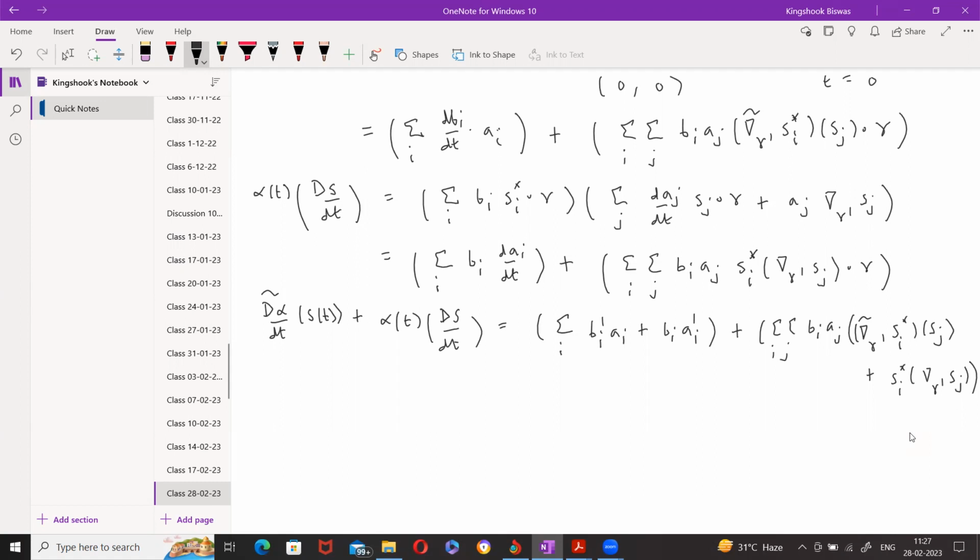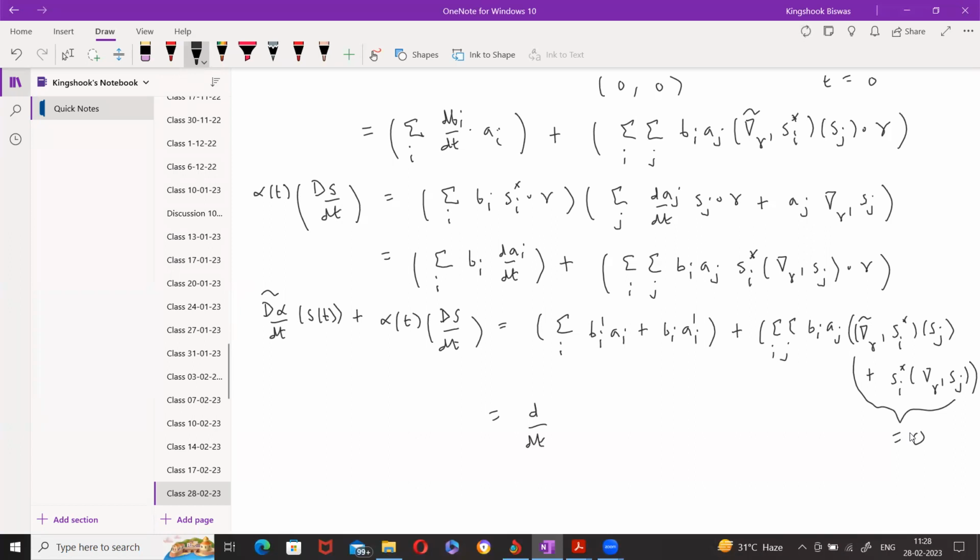Yeah. So here it's clear from the context at which point this is acting. This is acting at the point gamma t. And similarly, this here is really Si star at the point gamma t acting on this vector in E at the point gamma t. Okay. So anyway, the sum of these two is 0, right? So this term disappears. So what do you get? You get sum over i of d/dt of ai bi.